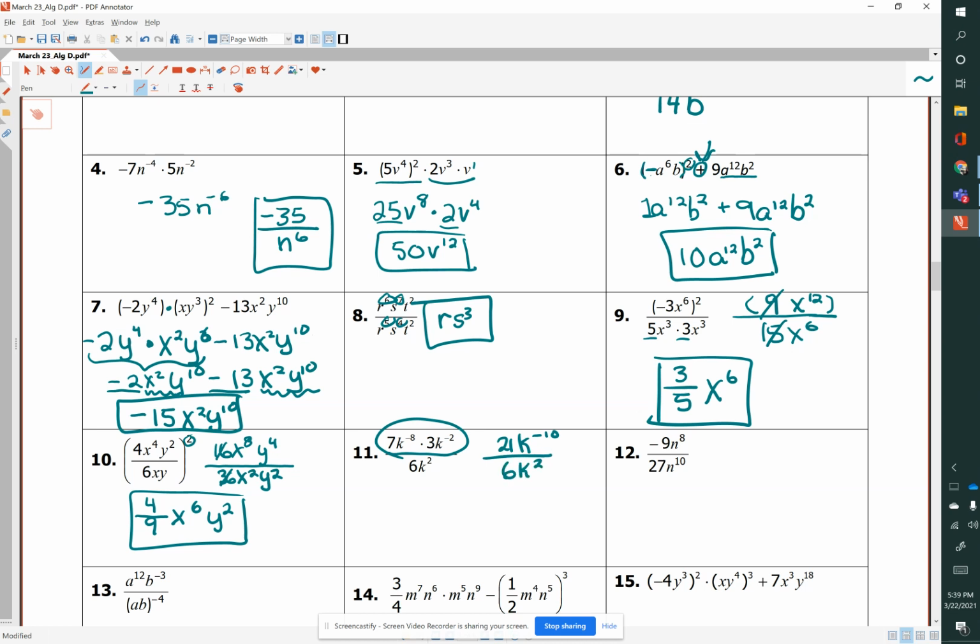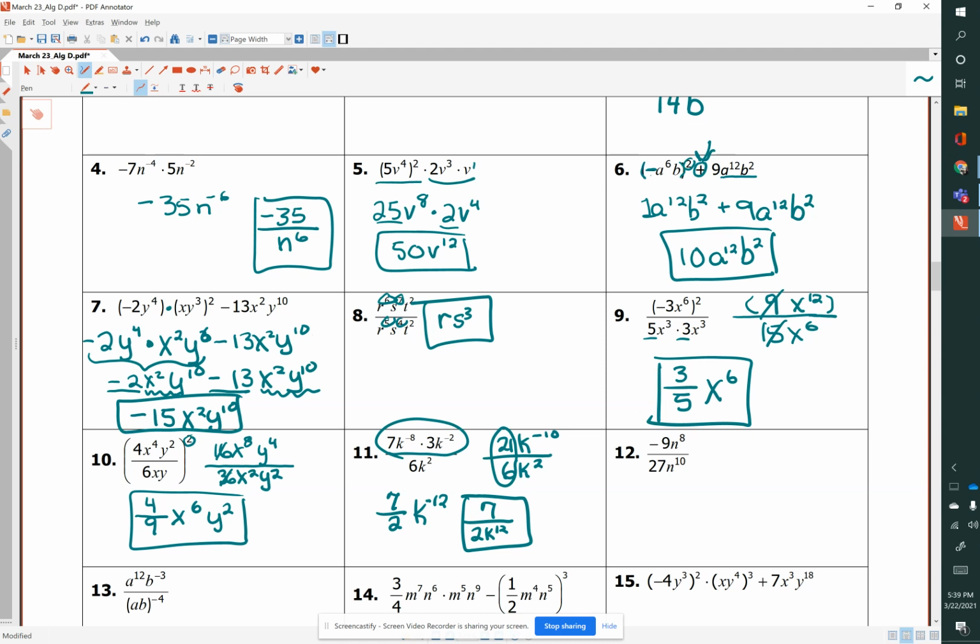Now we simplify 21 over 6, which are both divisible by 3. So that would be 7 over 2. And then for the exponent, we have negative 10 minus 2, which would be k to the negative 12. And we need to put that in the denominator. So 7 in the numerator, 2k to the 12 in the denominator.